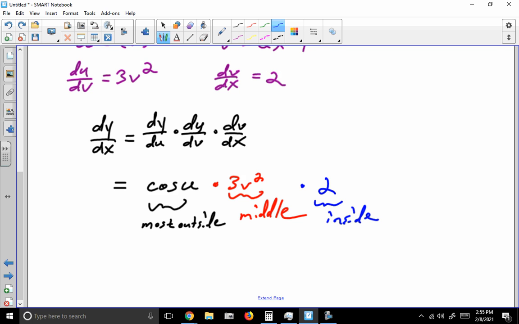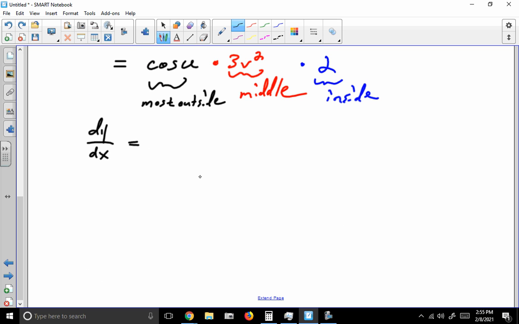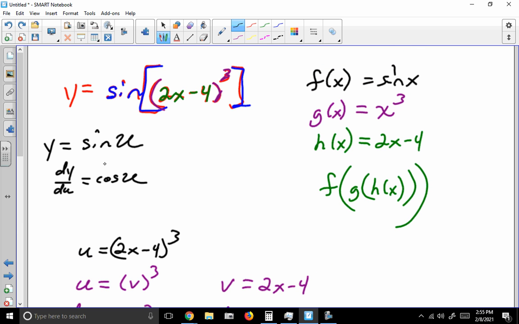But we still have all kinds of variables, so to back substitute. So cosine of u, well, what was u? u is 2x minus 4 to the third.